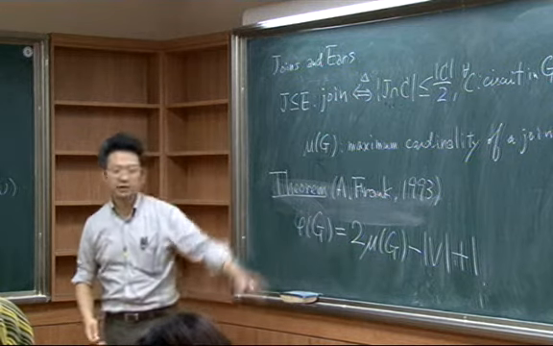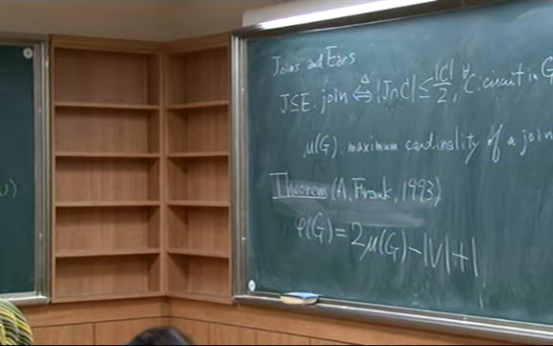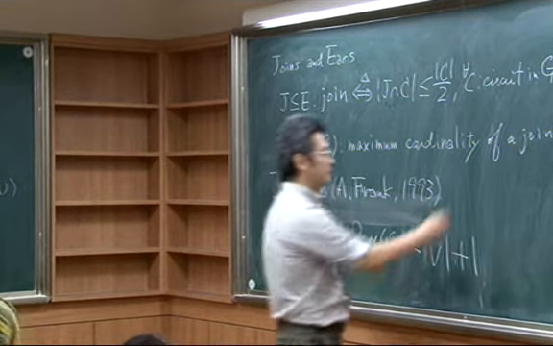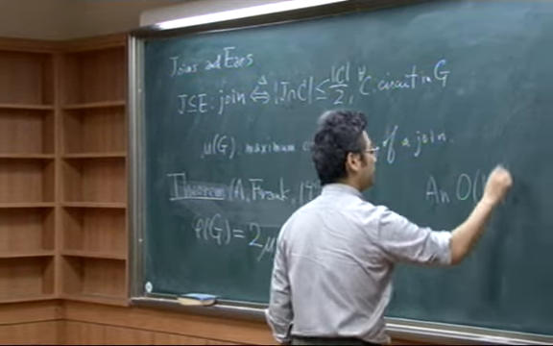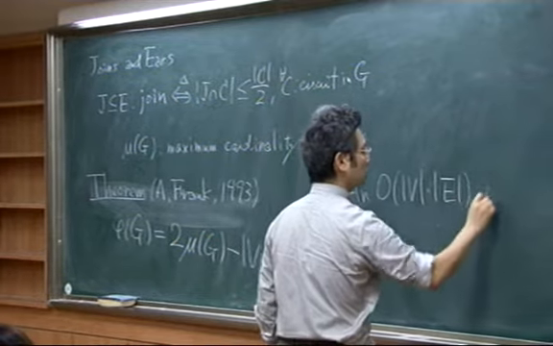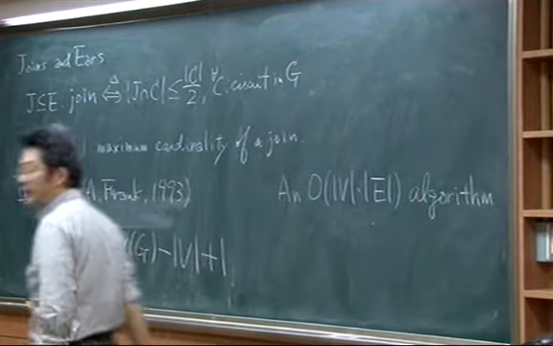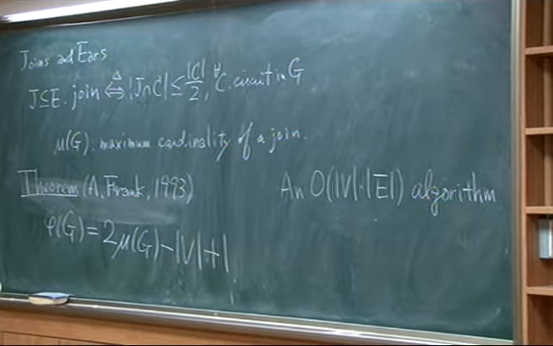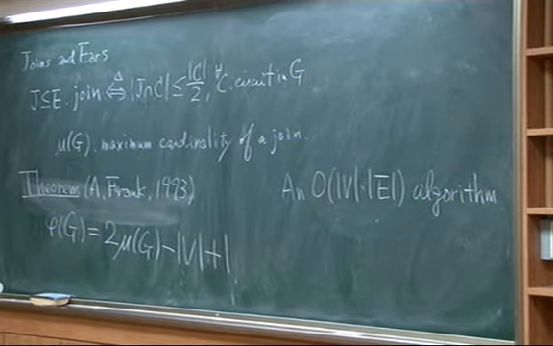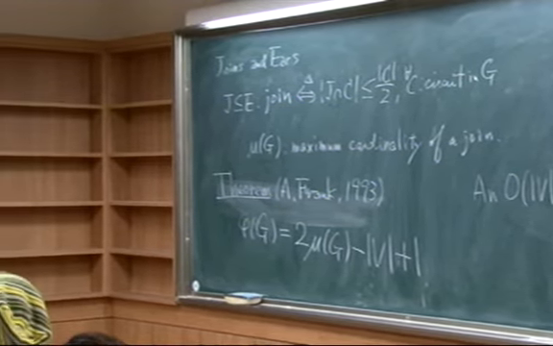So this gives you a minimax characterization, and he also gave an order V E algorithm to find such a maximum joint and a minimum even ear decomposition.